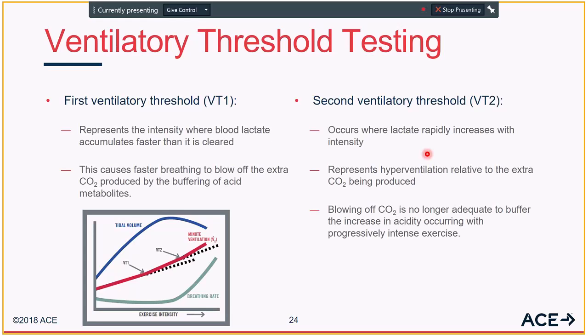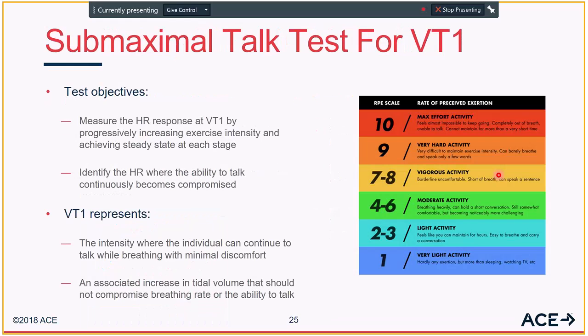That's your VT2 area. ACE uses these for their IFT model, which I think we go over next week. And we'll revisit these, but VT1 is think of jogging, VT2 think of sprinting.